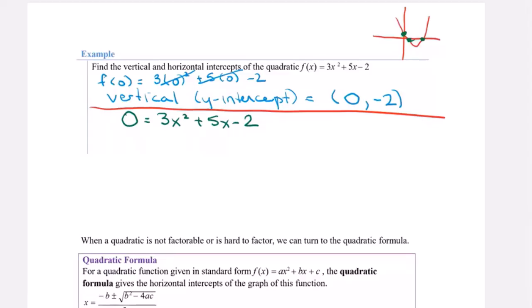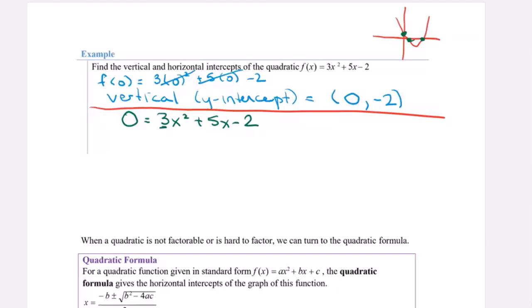And if you know how to factor, that's always the best way to start. Because this has a leading coefficient that's not 1, it makes it a little more difficult to factor, but I'll show you how to do it. You can also use the quadratic formula, but let me show you how to factor in case you would like to learn.